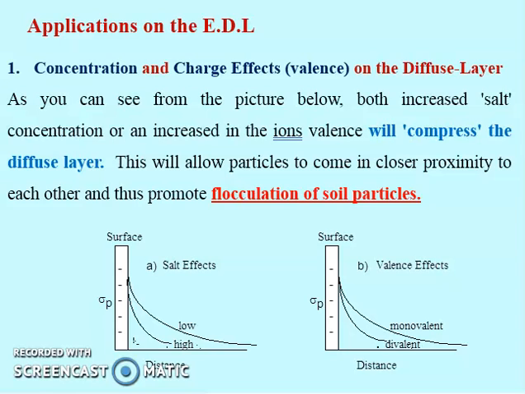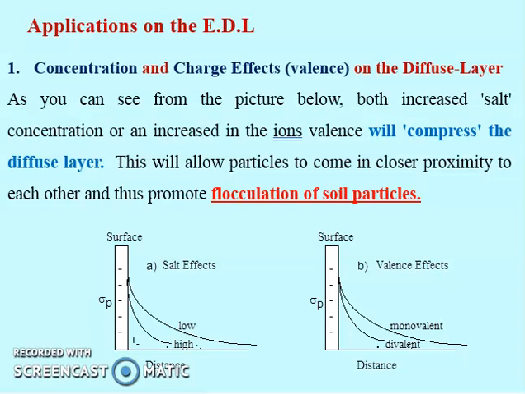I would like to continue the last part of lecture number 2, which was about the application of electric double layer. I told you that we have three factors affecting the electric double layer thickness.